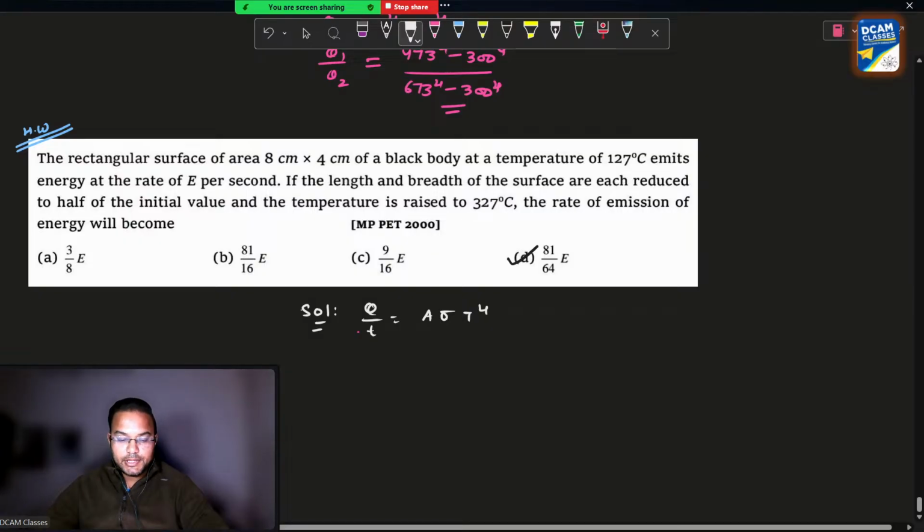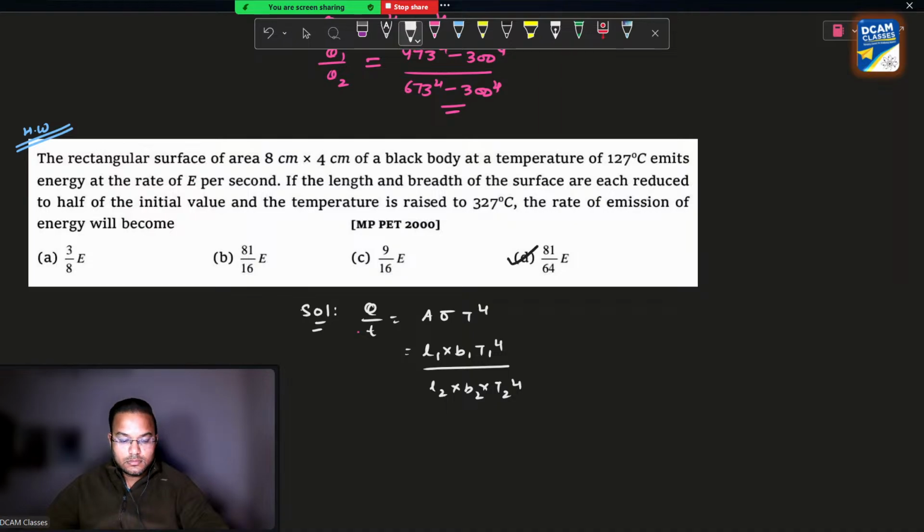Yeah, sigma is same for both, na? The area, length into breadth. Okay, it's easy only.